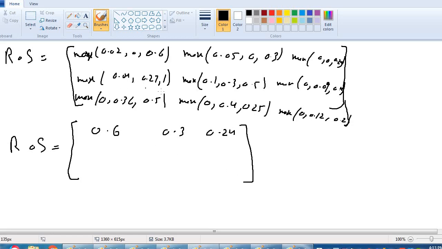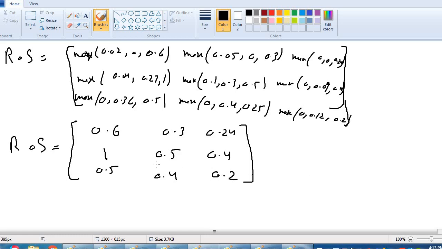Then the maximum is 0.5. Then their maximum of 0.09 and 0.4 is 0.4. Here we have 0.5. Here we have 0.4 and 0.12, which gives 0.2.